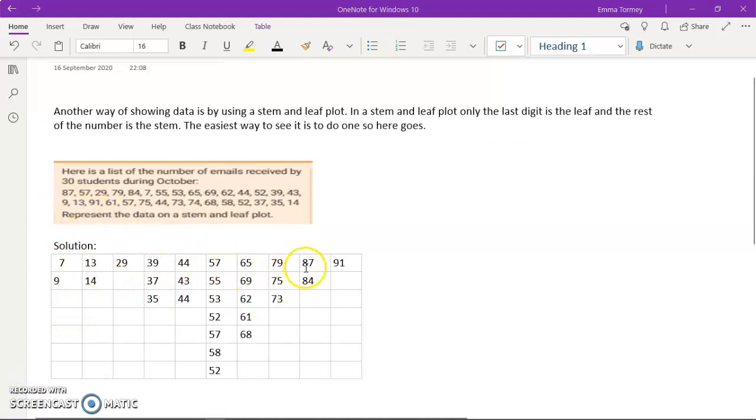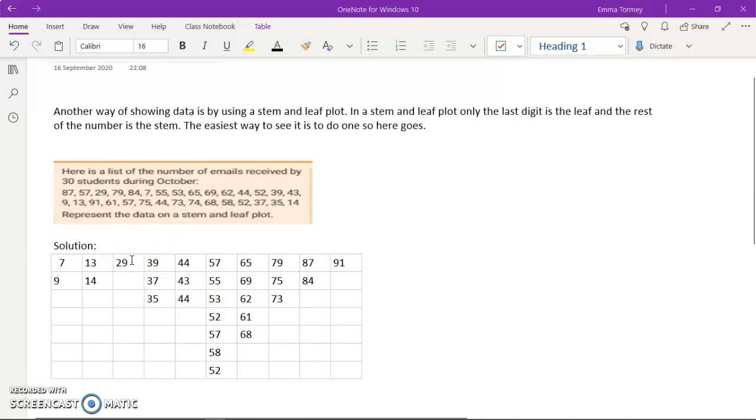I said there was 87, then 57, then 29, then 79, then 80, 84. I put it under the 87 just to keep them together. Then I had a 7. Then I put a 55, and that goes under the 57 because I already had the 57.